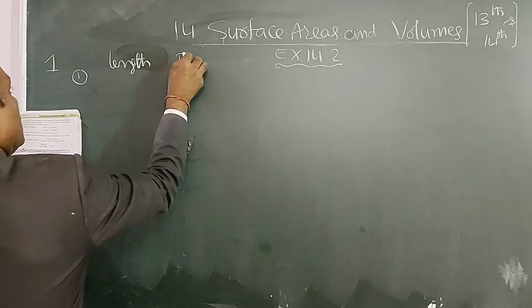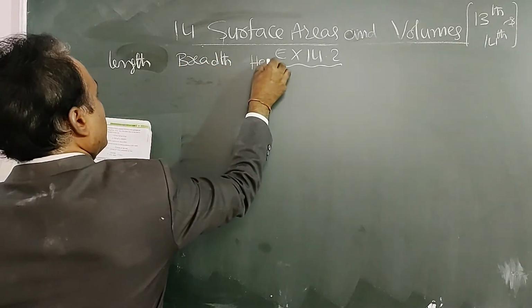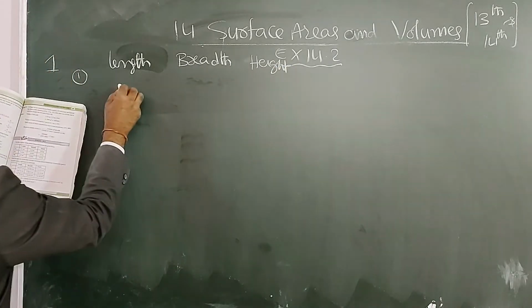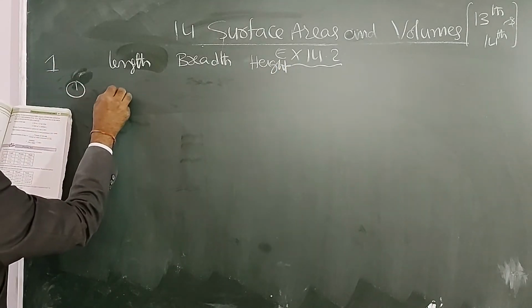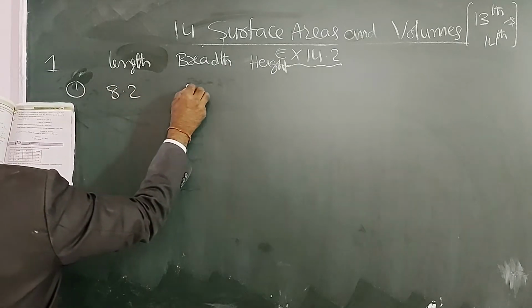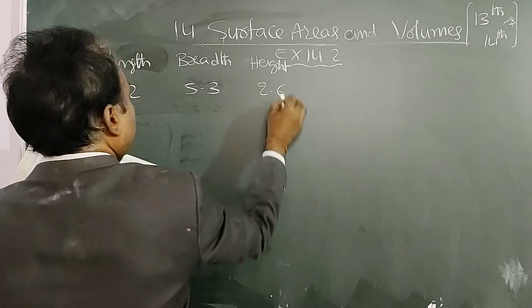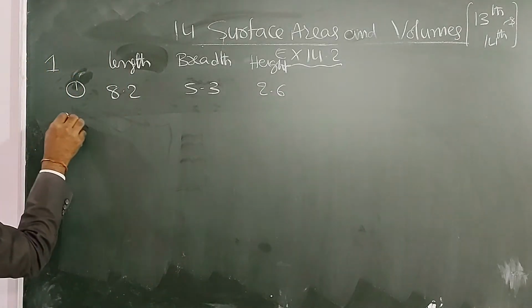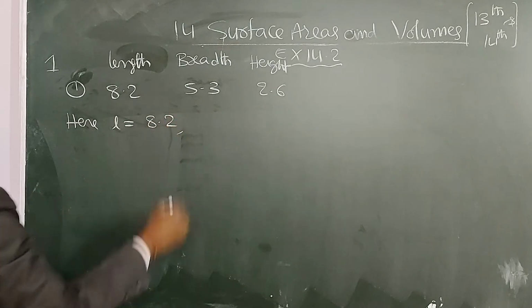Length, breadth, height. 8.2, 5.3, 2.6. Here length is 8.2.